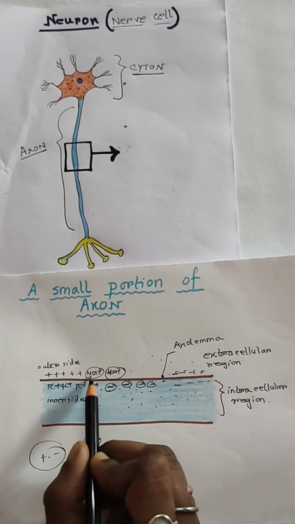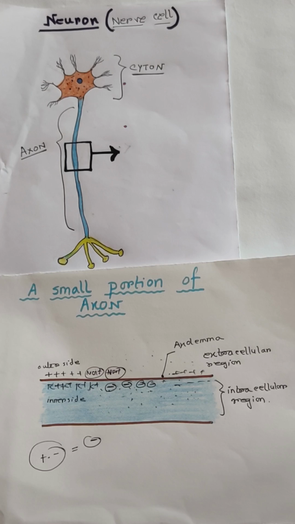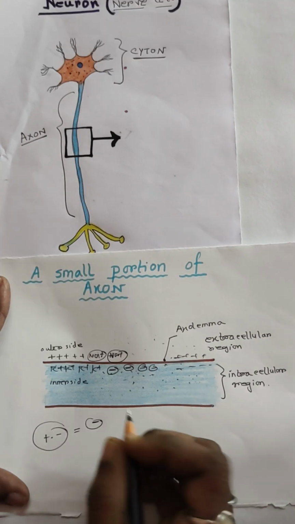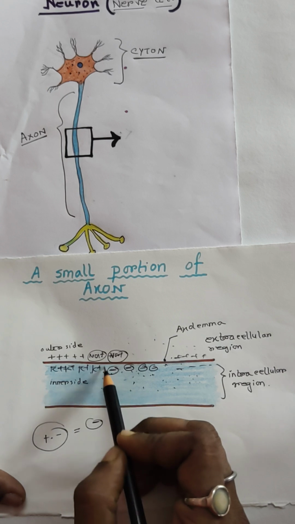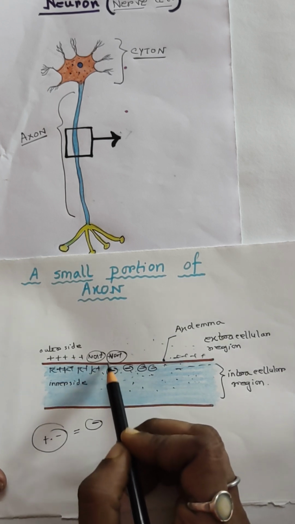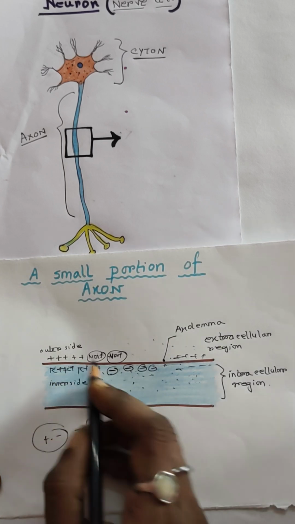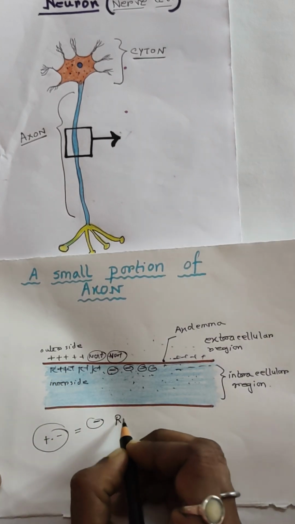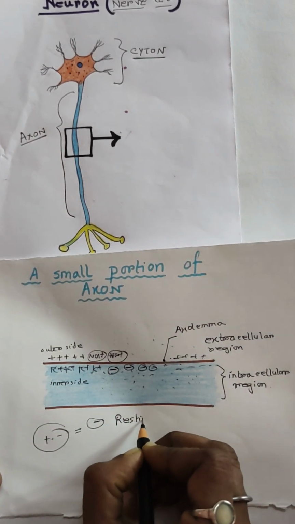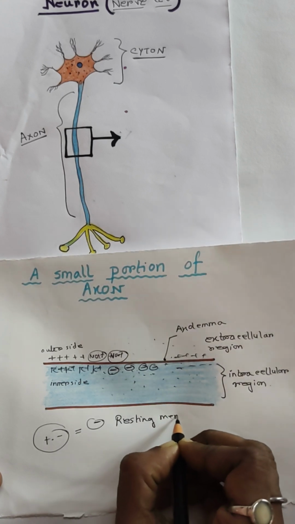So this is the charge separation or charge difference across the membrane at resting stage. This charge difference on both sides of the membrane is called the resting membrane potential. What is it called? It is called resting membrane potential.